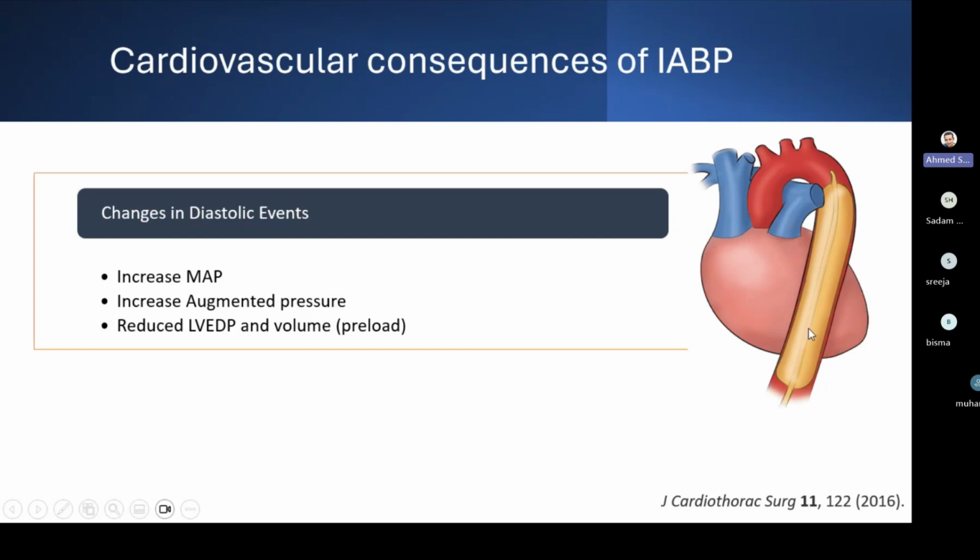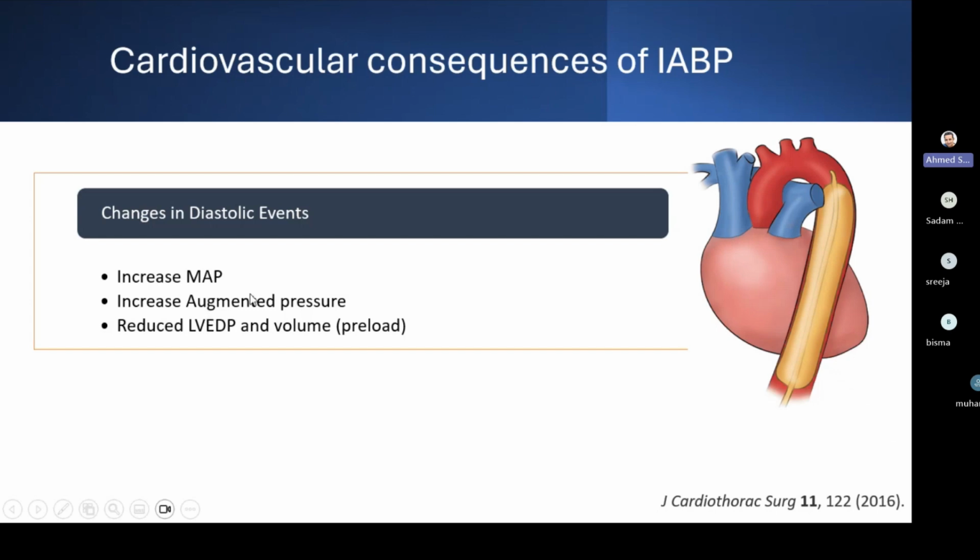And during the balloon inflation in the diastole, this will lead to increase in the mean arterial blood pressure, and also will lead to increase in the augmented pressure. And both of them will lead to increased perfusion to organs like the brain, the heart, and the distal organs.